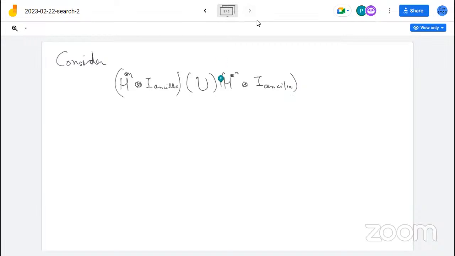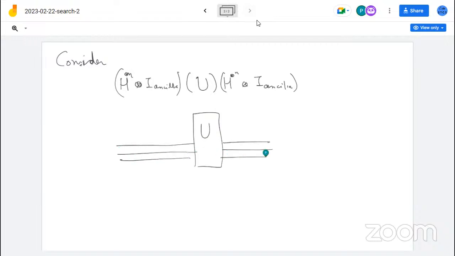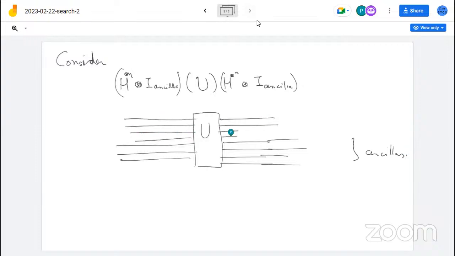So the picture is like this. What is the dimension of U?